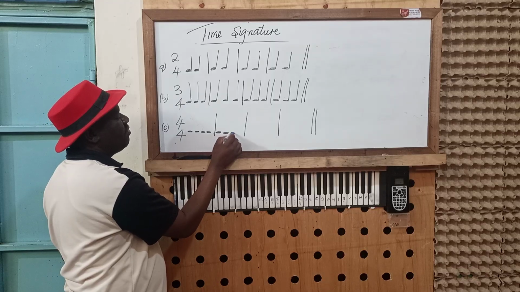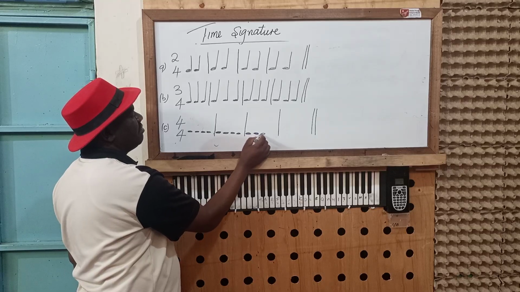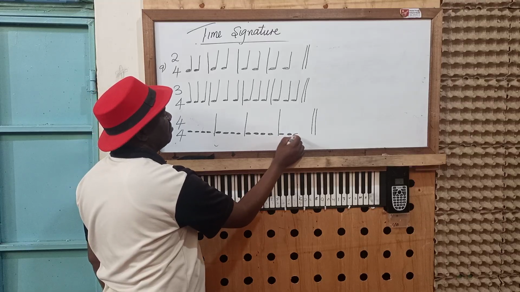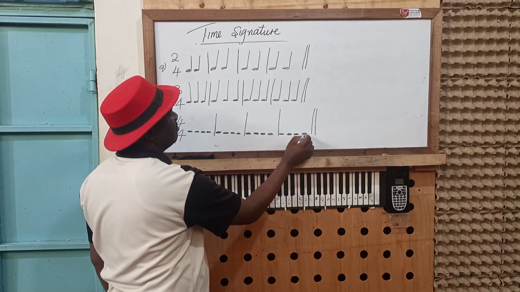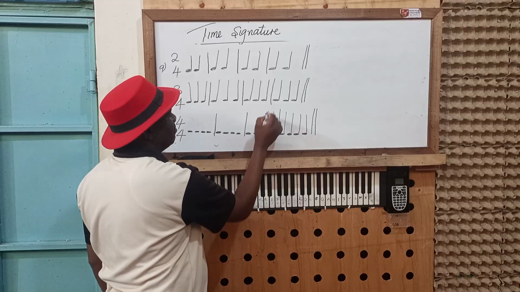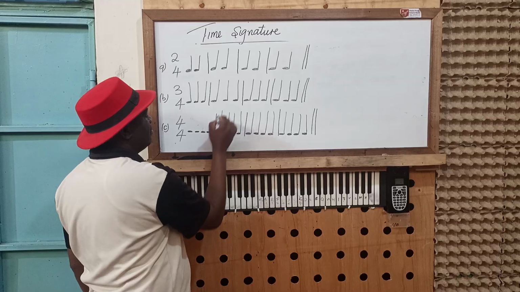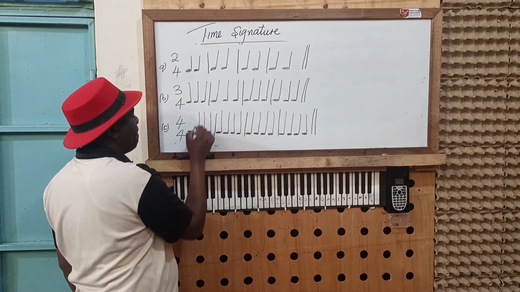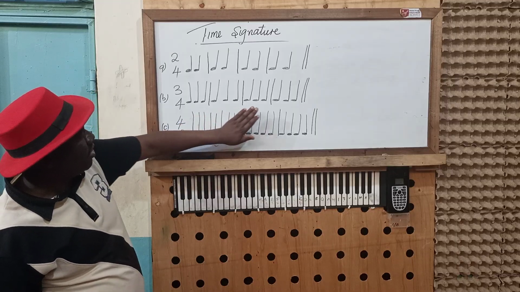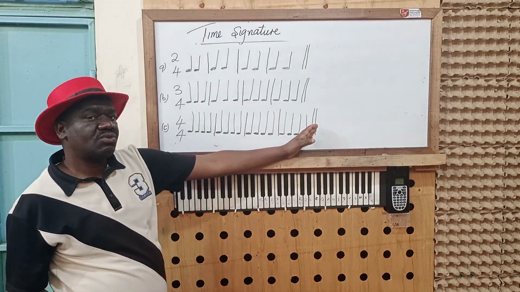So I put 4 crotchets in each bar. How many bars are here? 1, 2, 3, 4 bars. And when you see a double bar line, that is where the music composition ends.